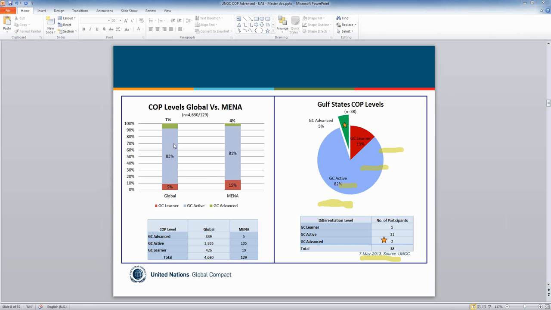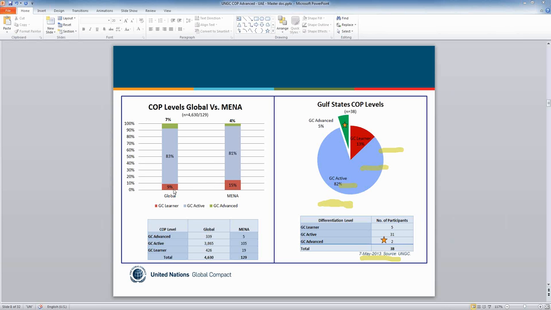What this bar shows is that the majority of companies are reporting at the active level. If you remember, the active level is the one where companies are meeting the 3 minimum requirements. And this compares to 81% in the MENA region. This difference in percentages is leveraged here in the GC Learner category.